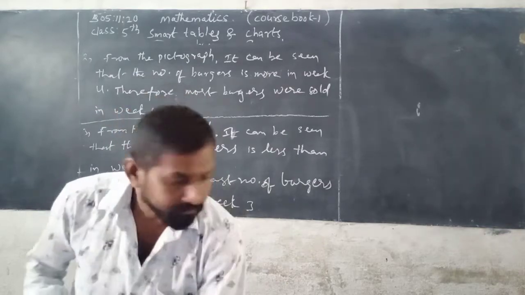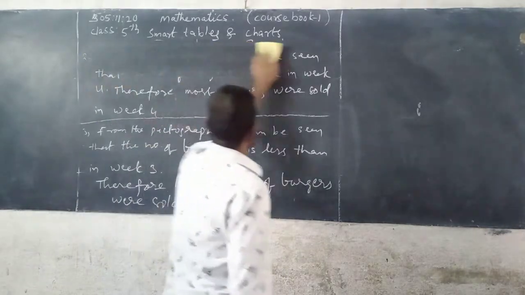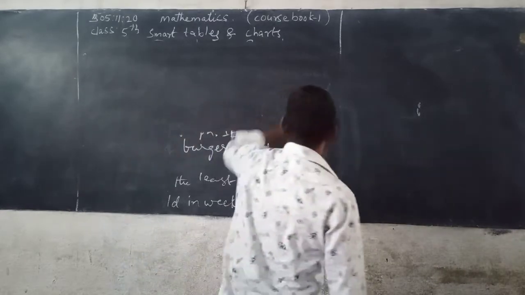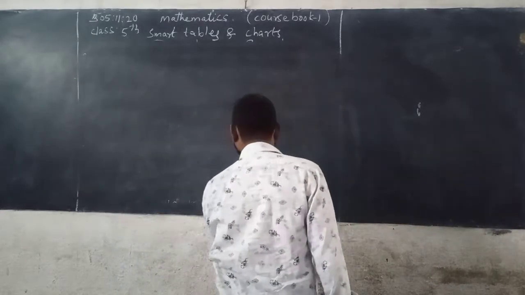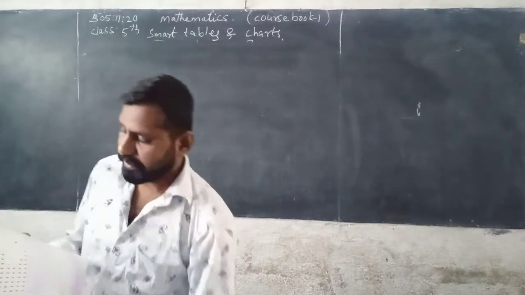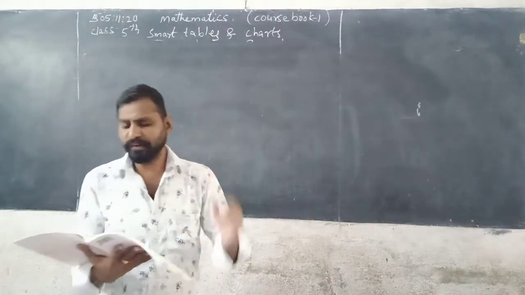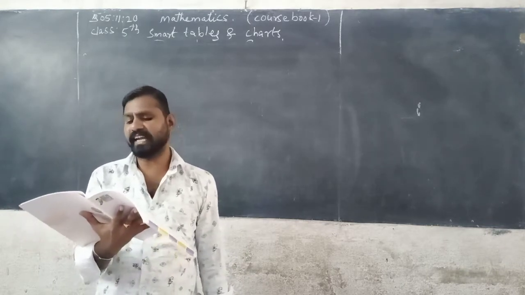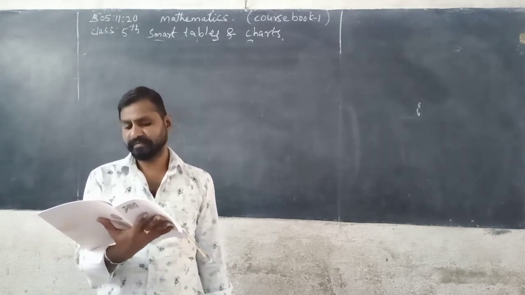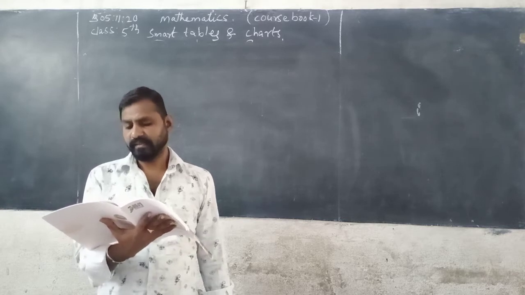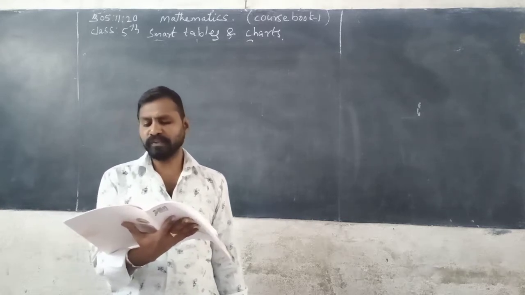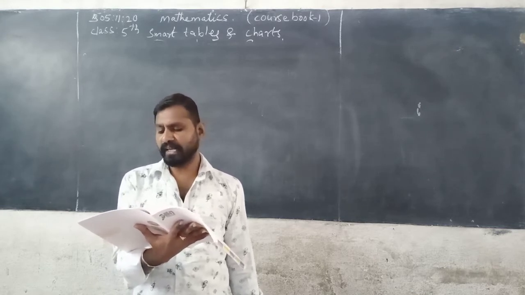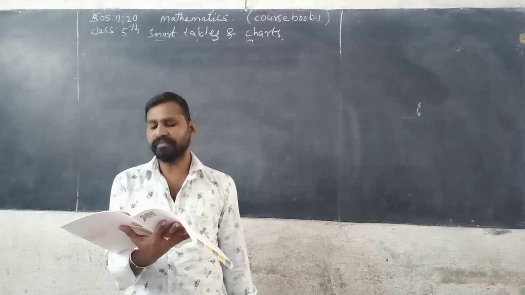Now from the given data: first floor, number of people 36, second floor, number of people 28, third floor 24, fourth floor 32 and fifth floor 40.